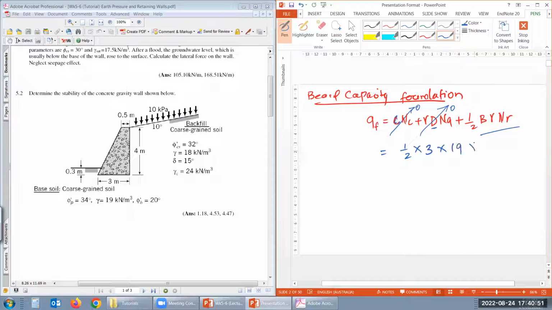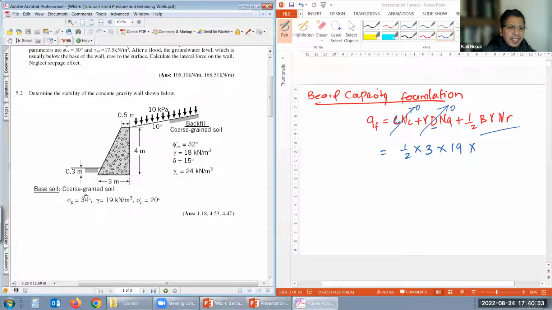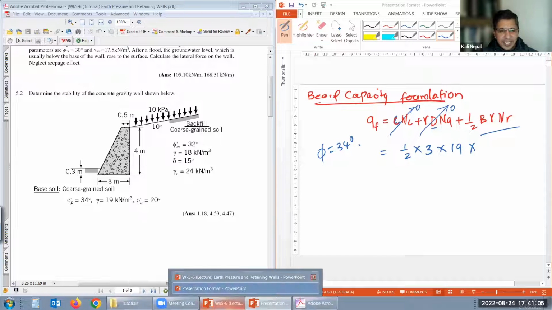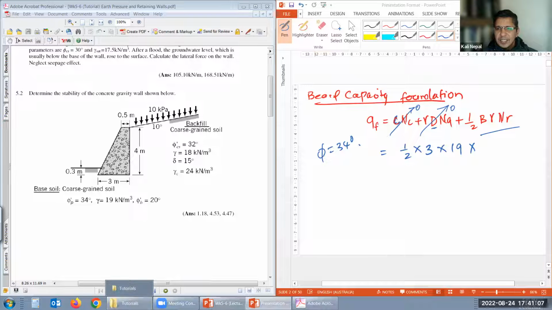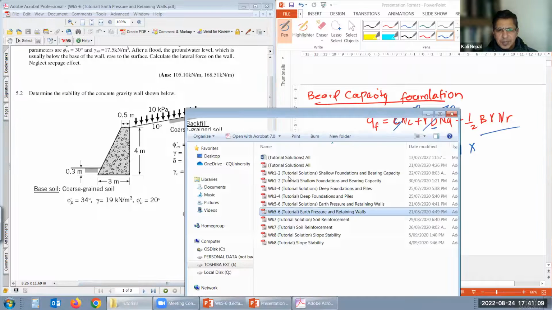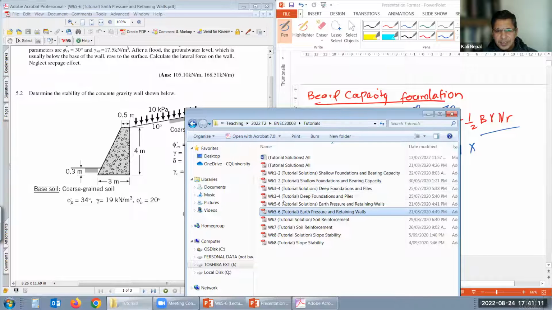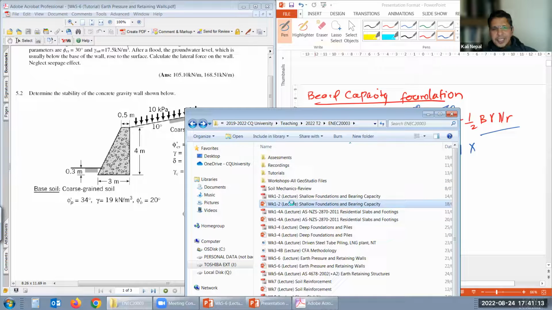19. Yeah, 19. So I need to find N gamma based on phi equal to 34 degrees. Can we check some bearing capacity table? Can I go to the slide? What is the N gamma value for 34? Week 1.